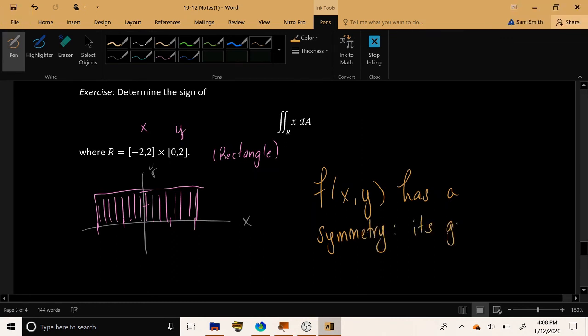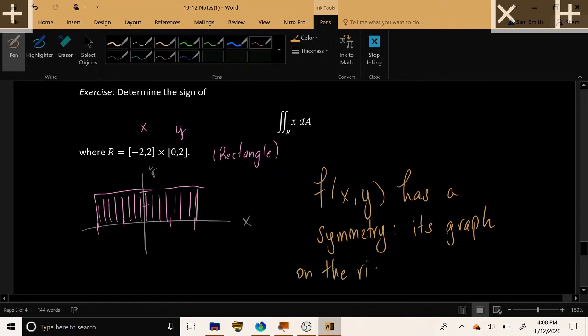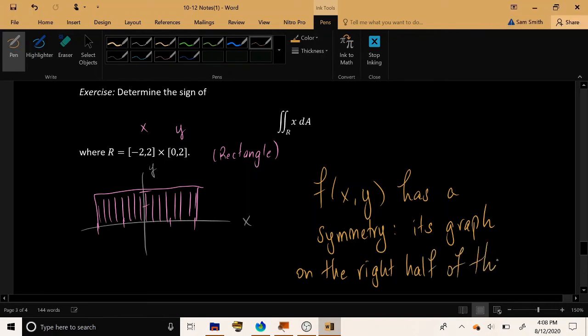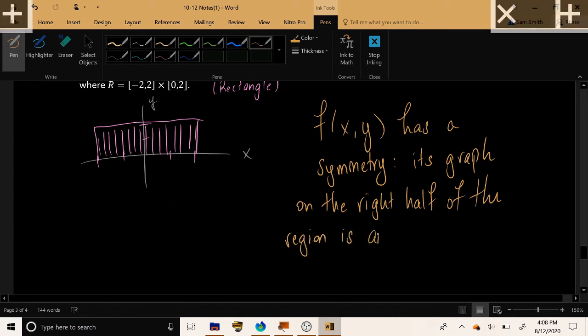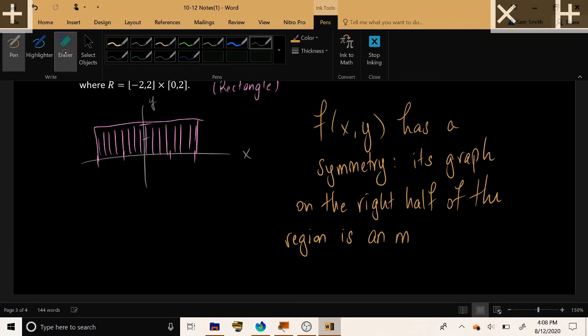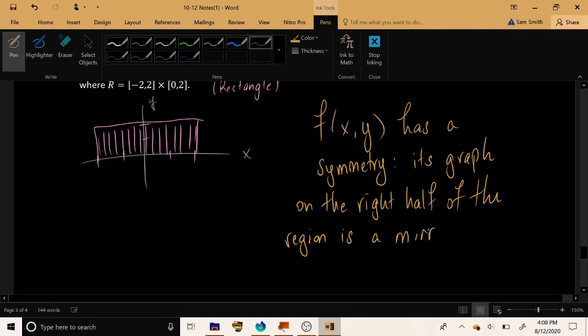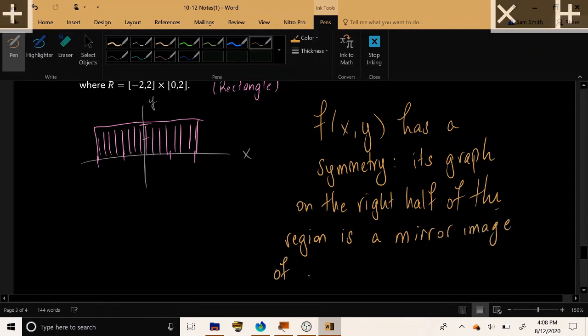Its graph on the right half of this region is a mirror image of the graph on the left half.